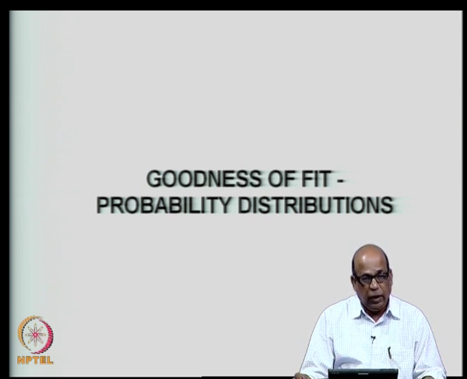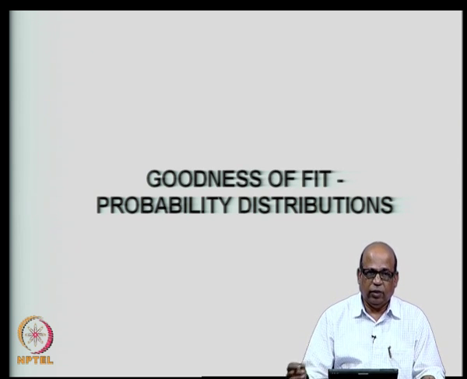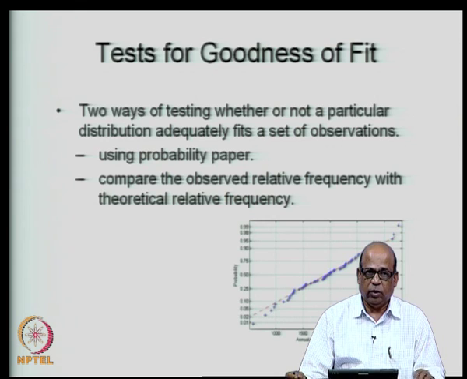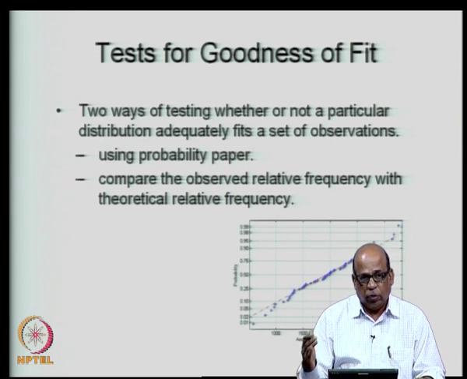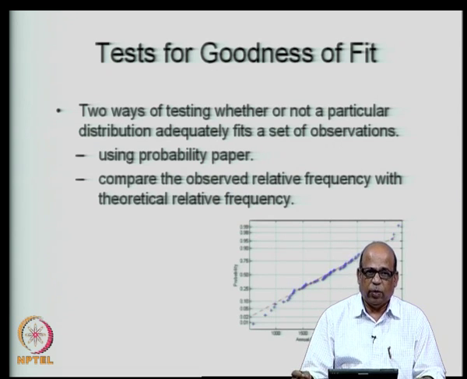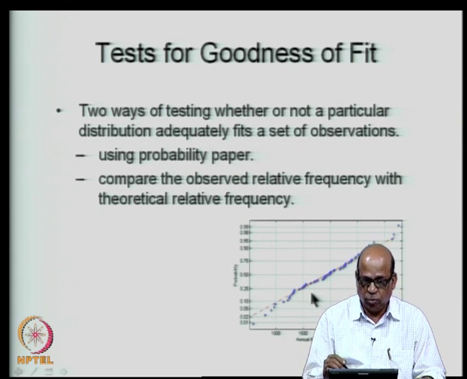There are two ways of doing this. One of the ways, as I mentioned in the previous lectures, is to use probability papers. Let us say that you want to examine for normal distribution; you construct the normal probability paper, which is also commercially available. You can plot the data on the commercially available normal distribution probability paper, as is shown here.